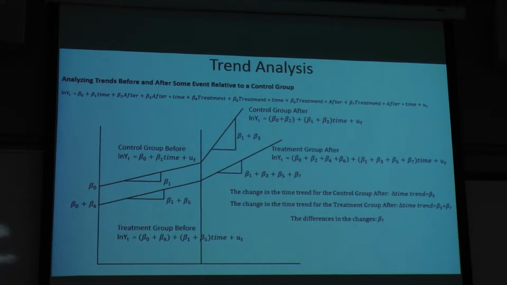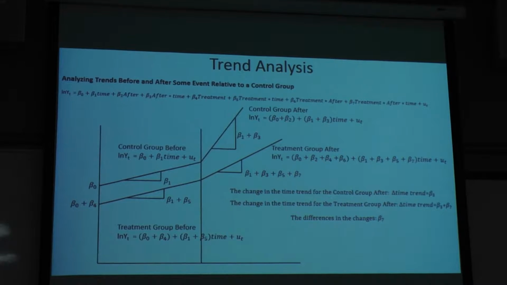So let's do a couple of those. And let's look at the growth rate of two trends. And kind of the traditional one would be, as we said, there's no change in this slope.